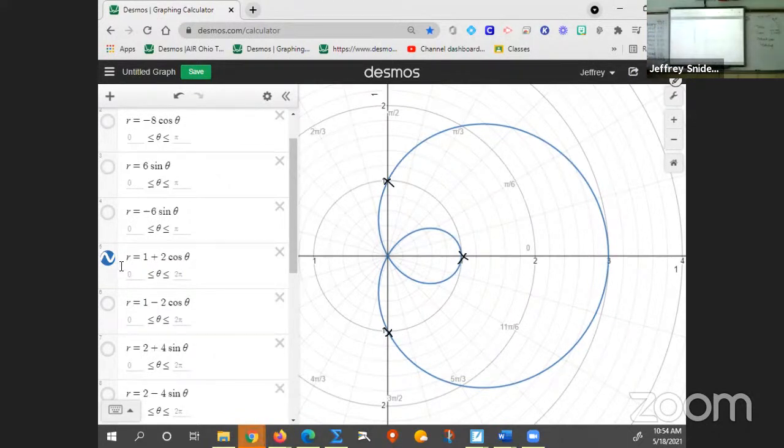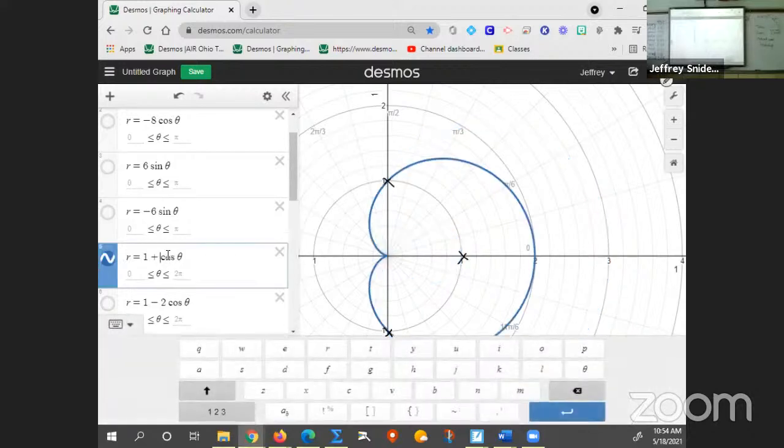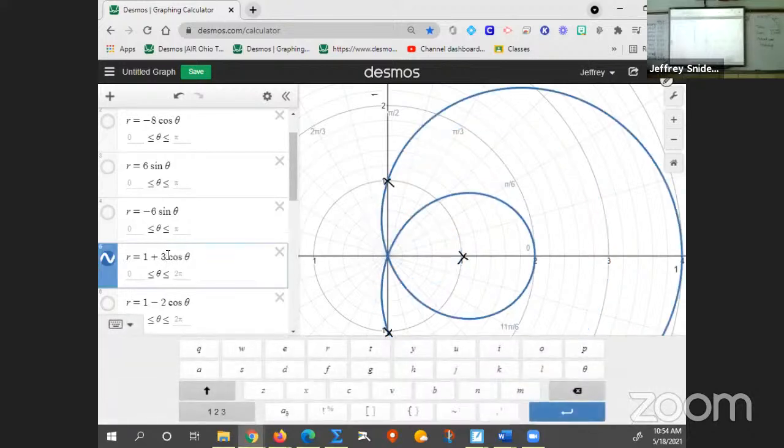So I'm going to make this 2 a 3. What did you notice? What happened? Some of them did not move. They stayed at the number 1. These two did, right? Okay, this one changed. So we know that that value of A is not this length of the inside loop, is it?